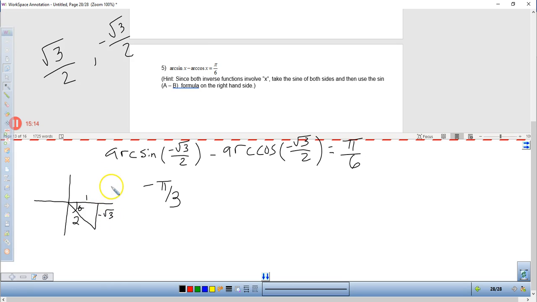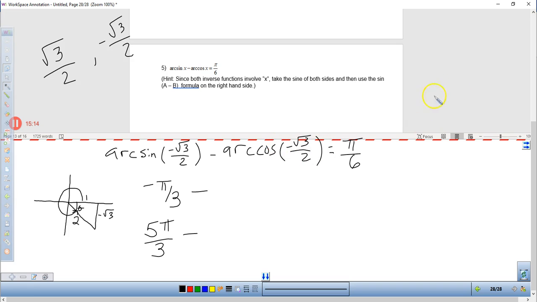Or if we wanted to keep everything in positives, we could go all the way around this way, which is 300 degrees, or 2 pi minus pi over 3, which leaves 5 pi over 3. It should come out the same either way you work the problem, but I'm going to do them both just so we can double check ourselves.